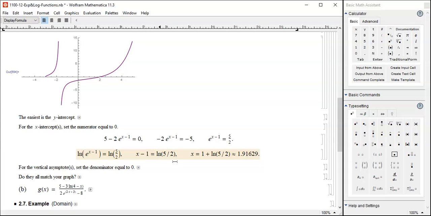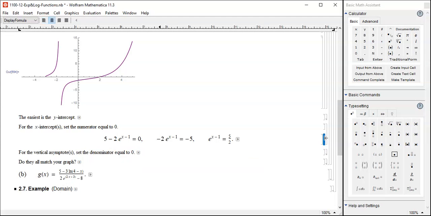And log of 5/2 is just a real number. So flip this one to the other side, and there you go. You don't really have to calculate this digit string if you don't want to, but it's a good checking process. If you get this number, you can compare it with the graph, and it makes sense. So, solve for the exponential and take the logarithm.